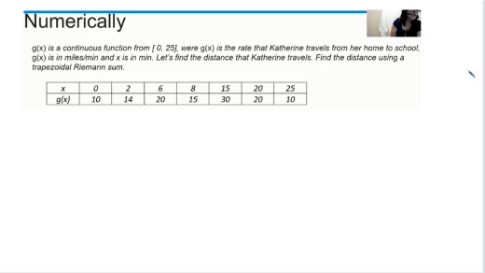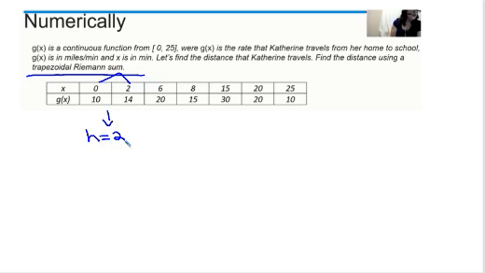So here's our same problem again, but now we're told to do a trapezoidal Riemann sum. If you notice, this is one of those that has the varying widths. So my height on this first one is going to be 2.